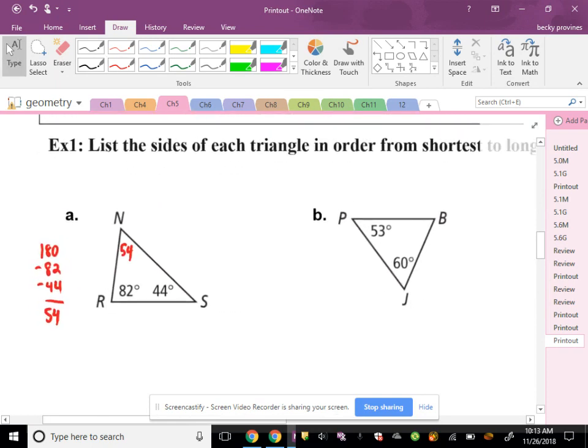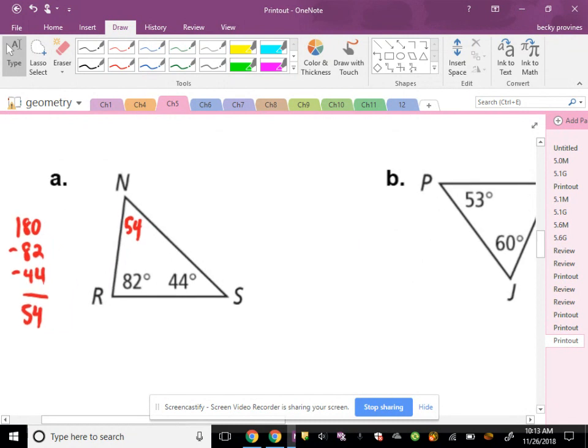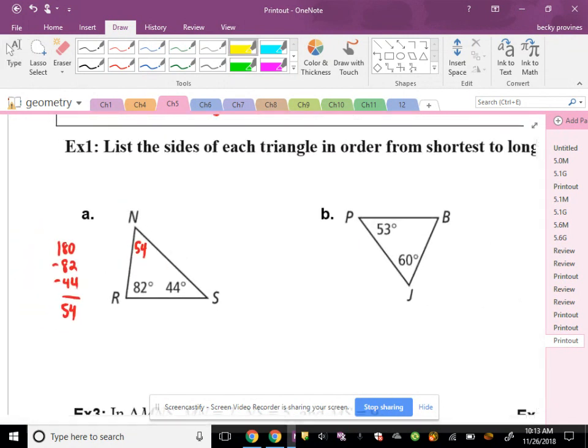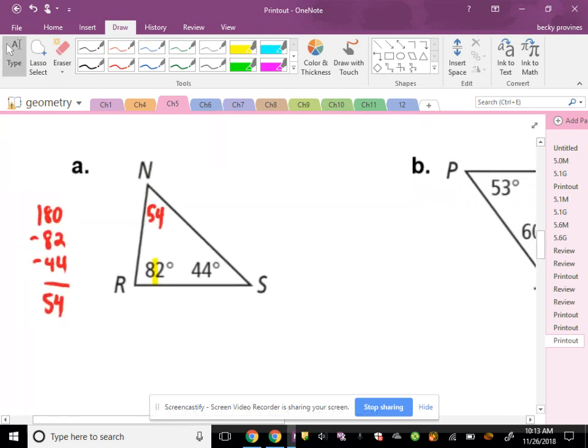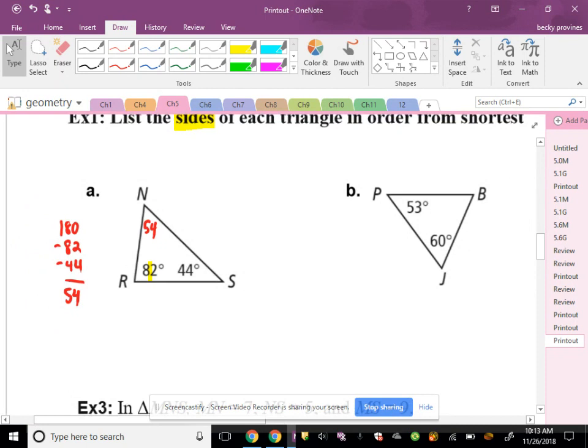Now let's look at the directions. It says list from the shortest to the longest. Now I'm listing sides. They give me angles, so you're going to do the opposite and tell me sides. So a lot of people goof this section up because they just list angles. Read the directions. You're listing sides. So that means you're listing 2 letters. And it says from shortest to longest.